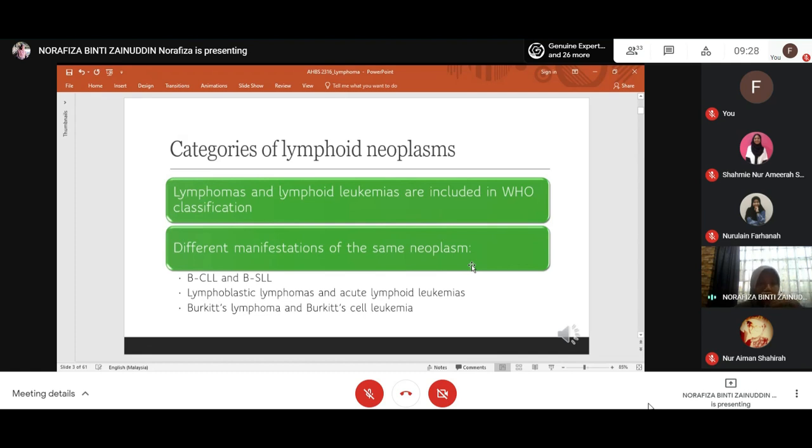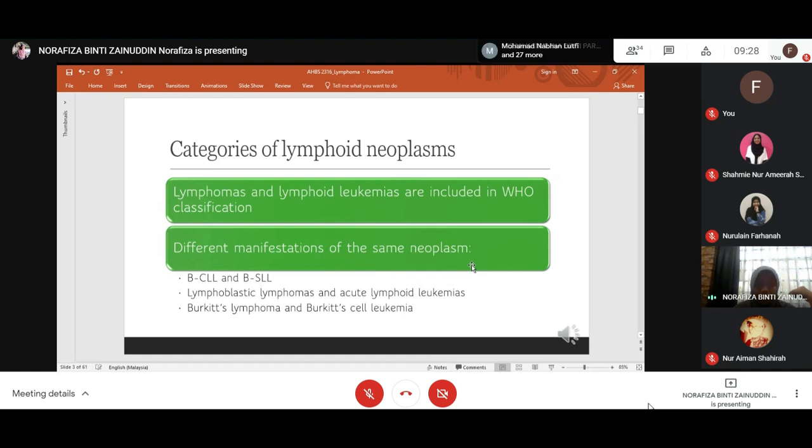So lymphomas and lymphoid leukemias are all included in the WHO classification. Again, I mentioned in my last slides on leukemia and on CLL, okay, B-CLL and also B-SLL are actually different manifestations of the same neoplasm.